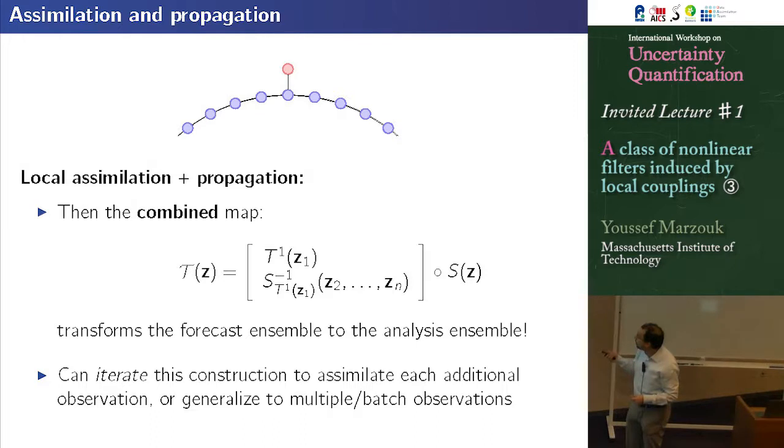So this composition here, curly T, is what transforms the forecast ensemble to the analysis ensemble. Now I claim that if all these were restricted to be linear, then this essentially reduces to something like an EnKF, but with assumptions on the structure of the precision matrix rather than the covariance. But the key idea is that these maps can be nonlinear, and thus capture non-Gaussianity.